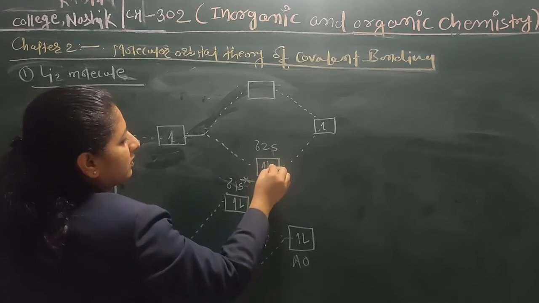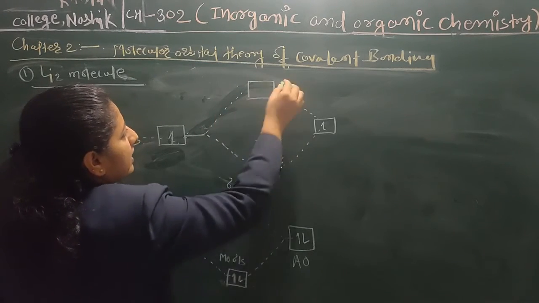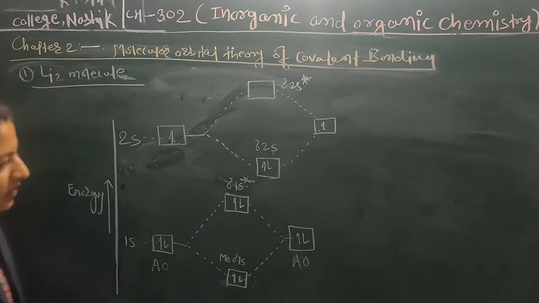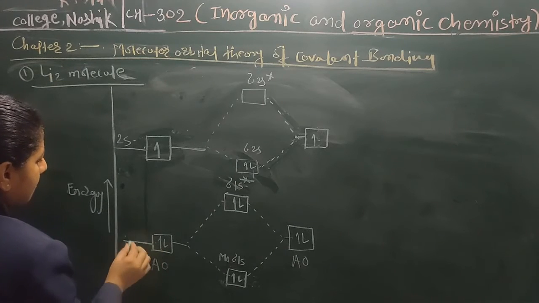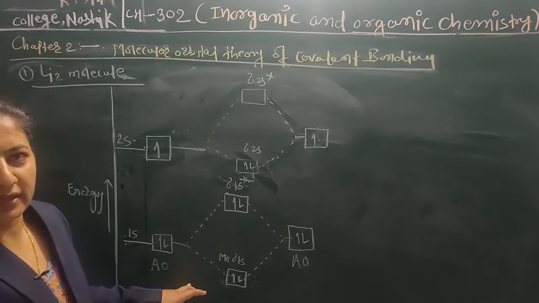The sigma star 2s anti-bonding orbital will remain empty, as there is no electron in it. So this is the MO energy level diagram for the lithium molecule.